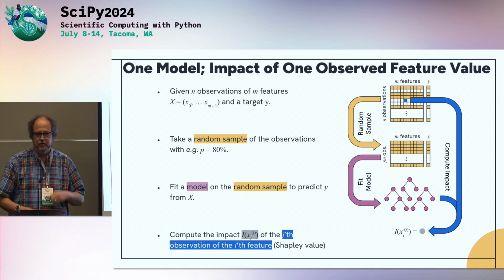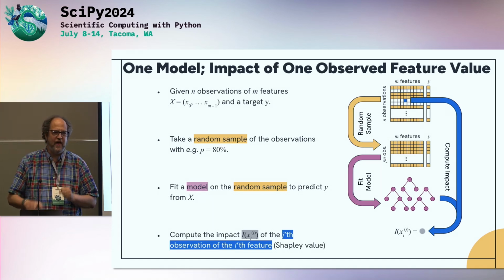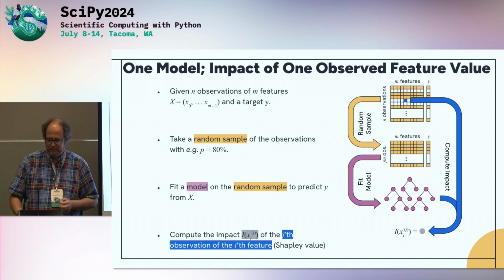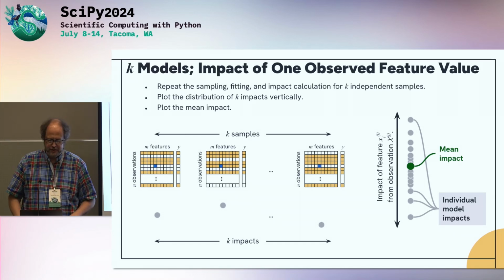And I'm going to compute a Shapley value that's going to tell me how that one observation affected the prediction that I would have made for the row that it was in. In this case, it wasn't even in the sample, but it doesn't matter. Sometimes it's in the sample and sometimes it's not. Then I'm going to repeat that k times. I'm going to do it again and again for each model.